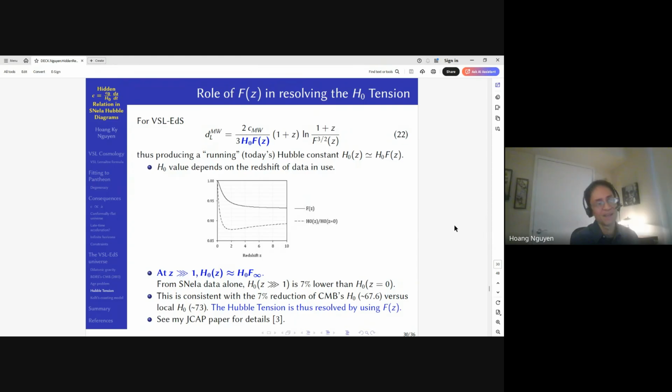Beyond that we cannot do anything. You see that the change for F occurs around z of 2, 3, 4 or so, but after that it is almost constant. That's why I call it F infinity. But this formula only extends up to some cutoff, when the galaxies form. Beyond that, we cannot say anything.